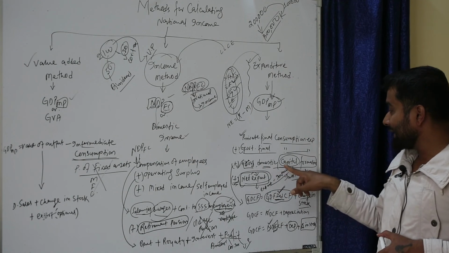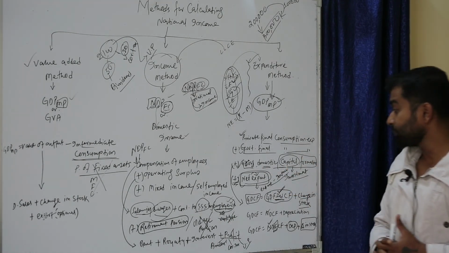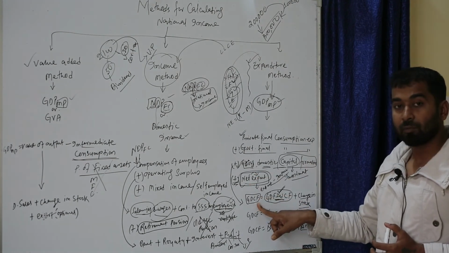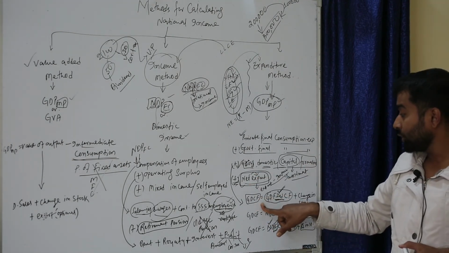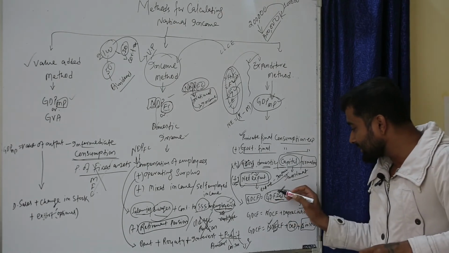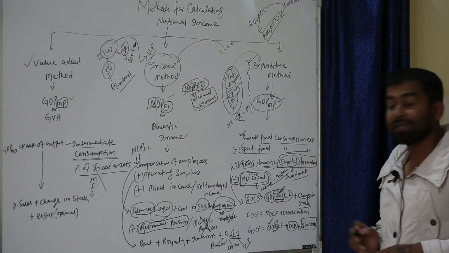Now, gross domestic capital formation is also sometimes not given directly to you. At that time what should you do? Let's see. Gross domestic capital formation equals gross domestic fixed capital formation, with a change: only the word fixed is included.